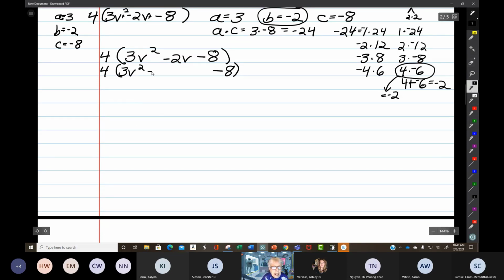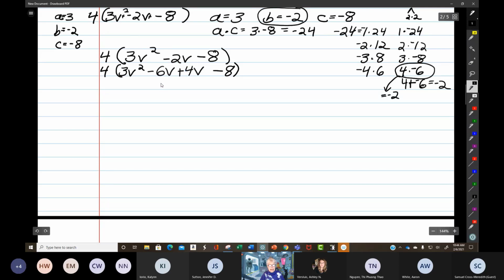I'm going to put my -6v here. There's the -6. And +4v here. Now, -6v plus 4v is -2v. Very cool.